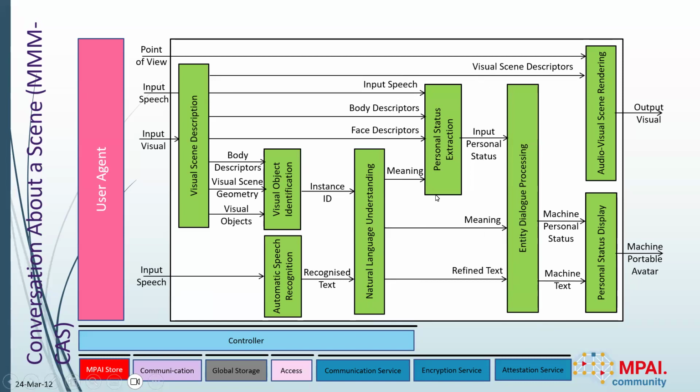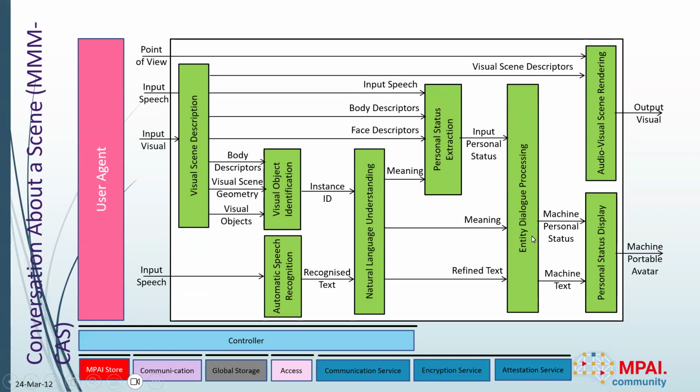This AI module here is quite interesting because it extracts what we call personal status, which is a generalization of the notion of emotion. So we have this AI module that extracts the personal status. So personal status, meaning and refined text are the input of this entity, dialogue processing, that is in charge of providing the answer of the machine to this 3 data set.